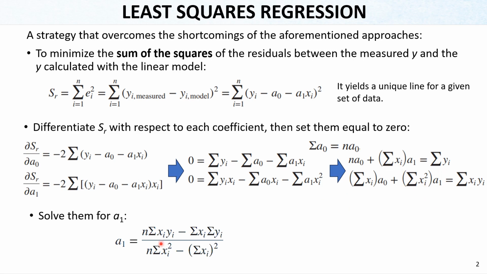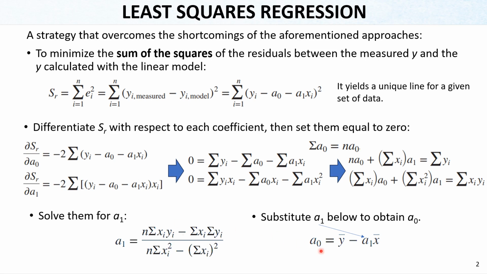Once we find a1 from here, because the x and y's are known, we substitute this a1 into the equation, simply with the mean of the output and inputs. Put a1 here and get a0. So with these two formulations, which are important, we can get the a1 and a0 coefficients. Then you can have a linear regression that fits the best for the data.